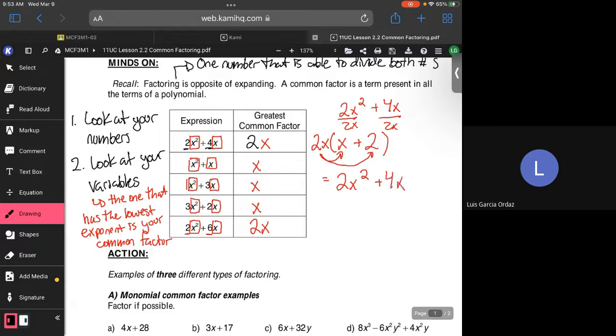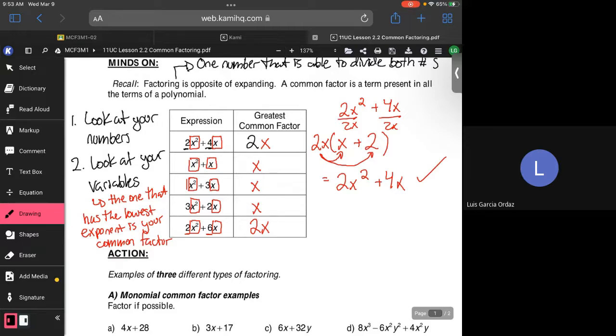So as you can see, we got the same thing back, which means I factored out the correct common factor. Any questions so far? Is this pretty straightforward for now? Okay.